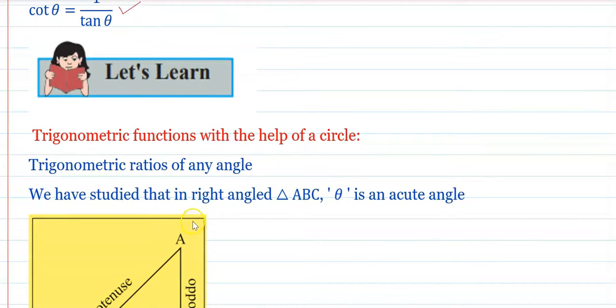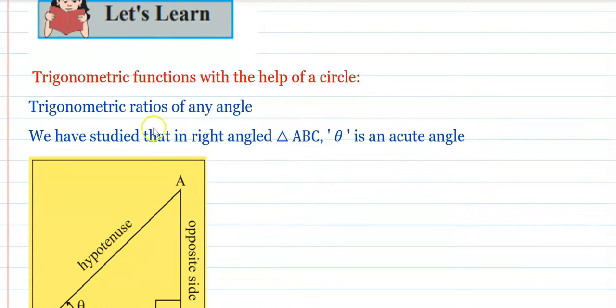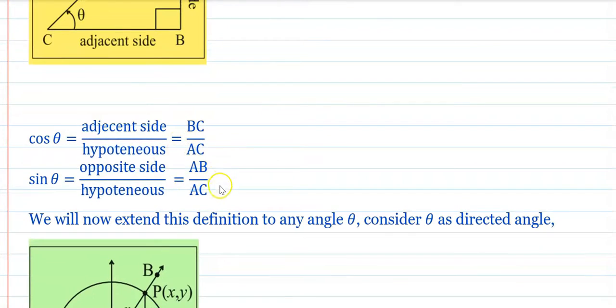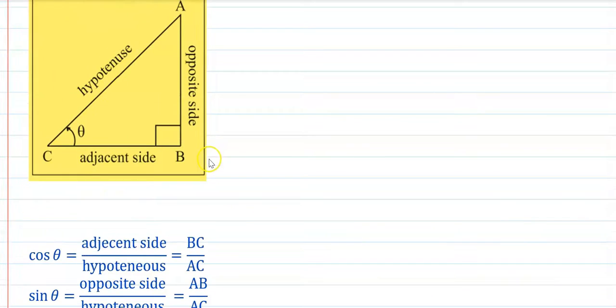Now let's learn what you are learning now in this chapter. Trigonometric functions with the help of a circle. Trigonometric ratios of any angle. We have studied that in a right angle triangle theta is an acute angle. These are the sine theta and the cos theta. Adjacent side for cos theta upon hypotenuse, BC upon AC.